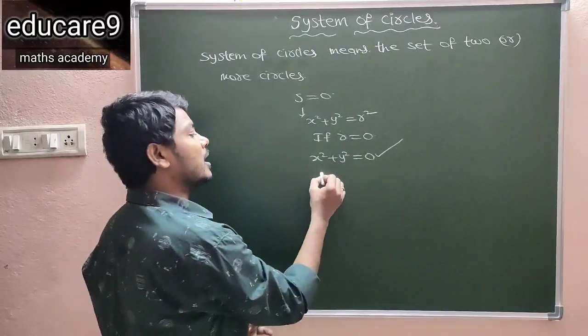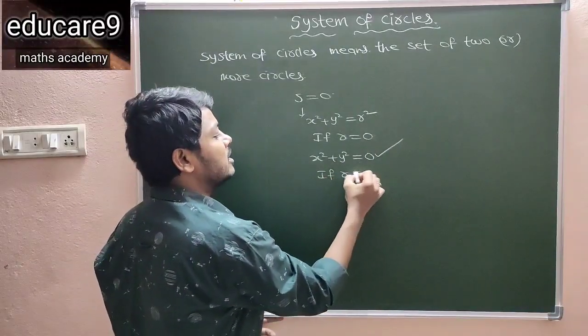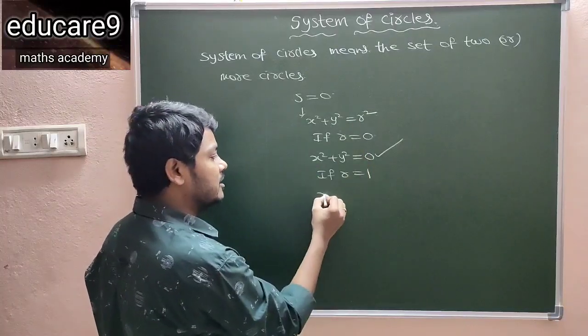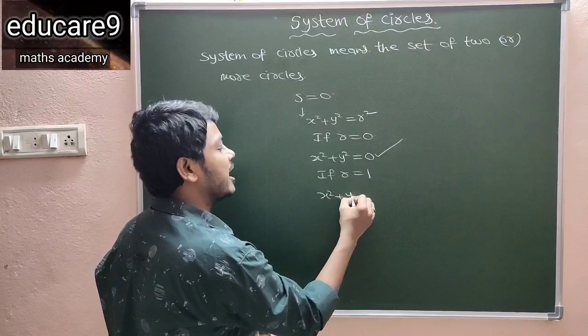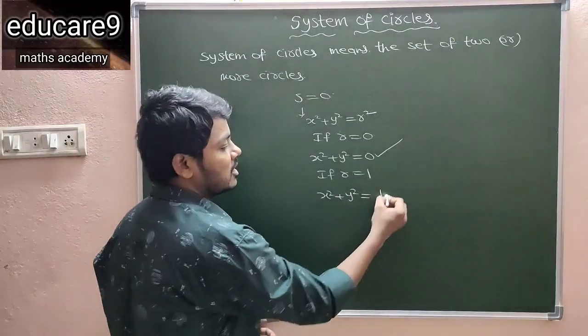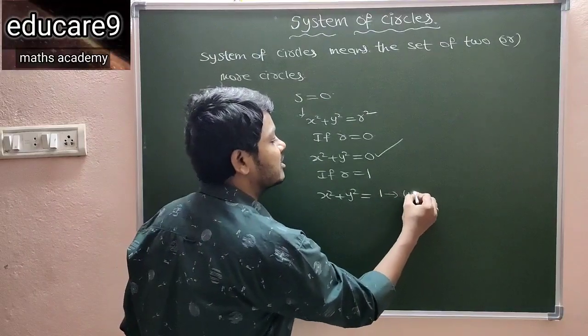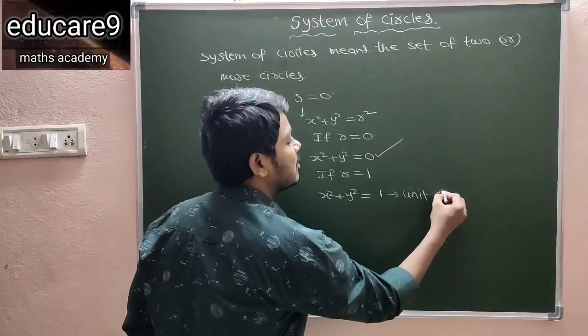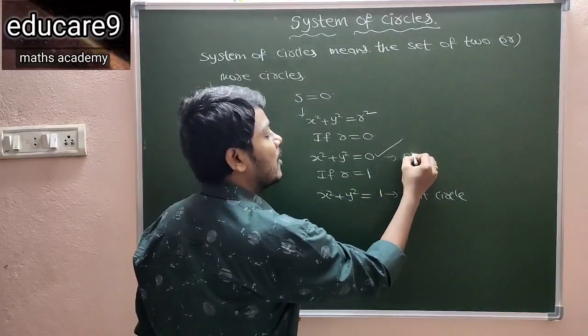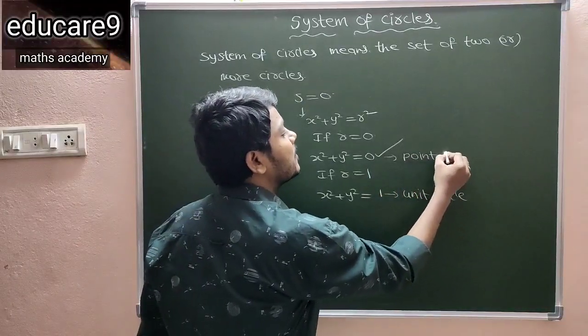For example, if r equals 1, then the circle is x square plus y square equals 1. This is called a unit circle. And this is the point circle.